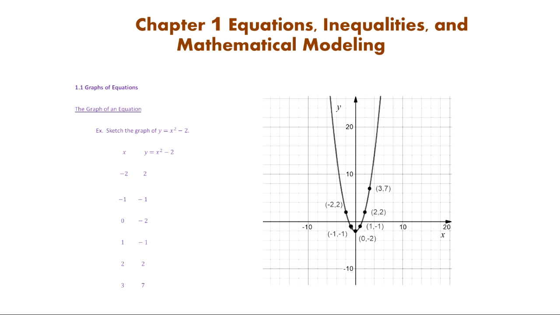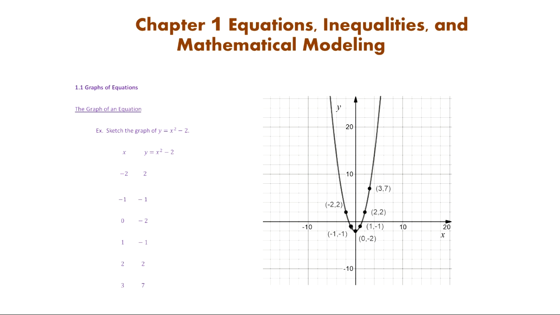So we get -1 for y. And then I chose 0 for x and plug into the equation, so we get y equal to 0 squared minus 2. 0 squared is just 0. 0 minus 2, that's -2. And next choose 1 for x. So we get y equal to 1 squared minus 2. 1 squared is 1, 1 minus 2 is negative 1.